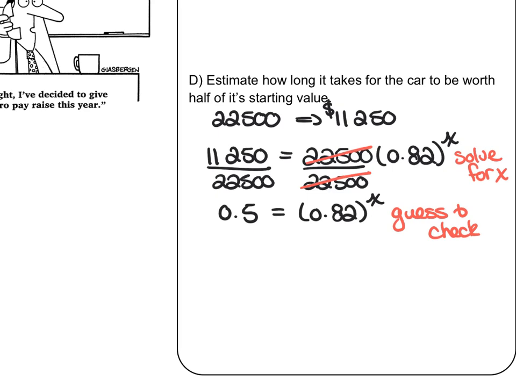So that's a little bit too far. So we'll try a different number. This time I'm going to try 3 years and we'll see what happens. So we'll plug it in, 22,500 times 0.82 to the 3, and we'll calculate it and see what we get.